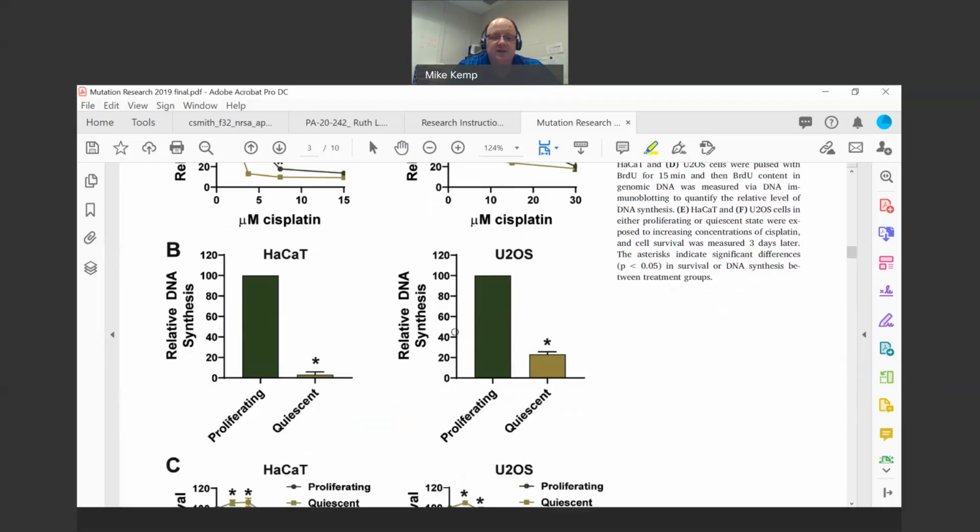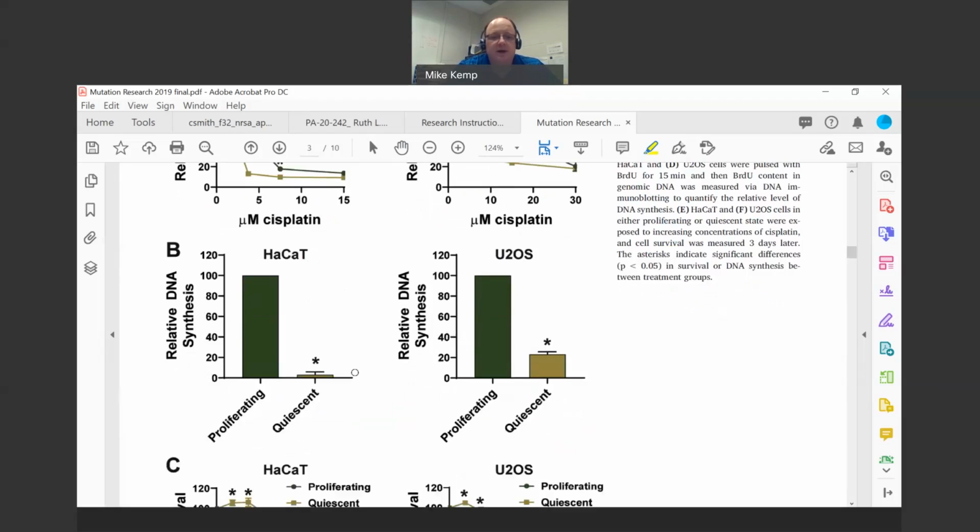And so to verify that these cells were indeed in a non-replicating state, or at least a less replicating state, we took either normal subconfluent proliferating cells or cells in a quiescent state, grown to confluence and deprived of growth factors, and then pulsed them with BrdU. This is a nucleotide analog that gets incorporated into genomic DNA when replication is taking place.